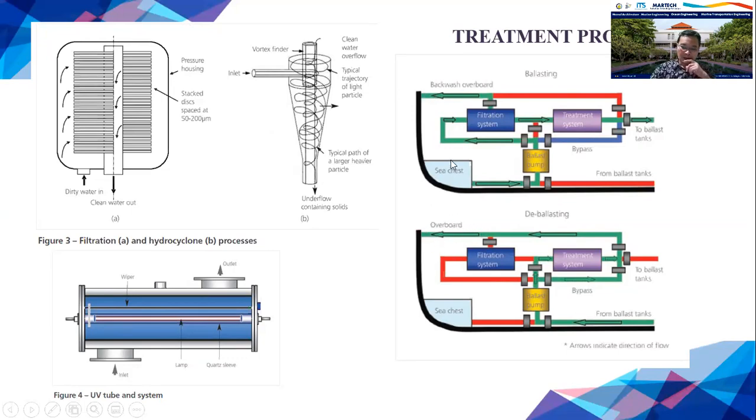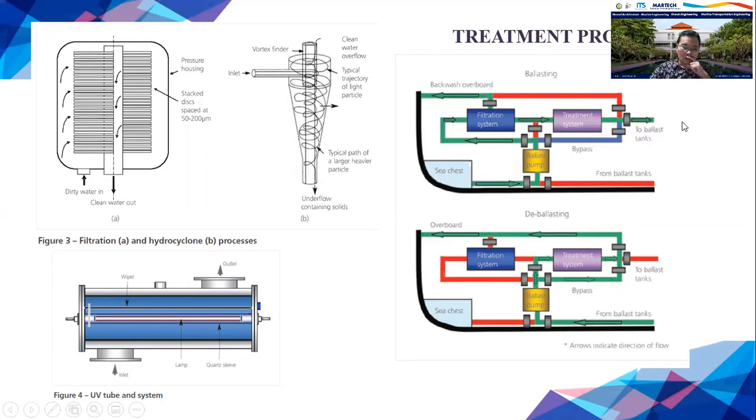Okay, so this one is the step when ballasting, and this one is deballasting. When ballasting, from the sea chest the seawater comes to the ballast pump, then goes to the filtration system, then the treatment system, then goes to the ballast tank.